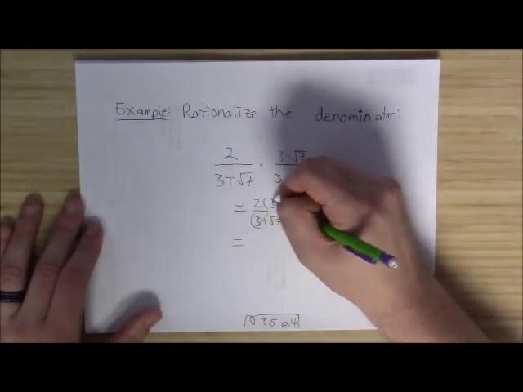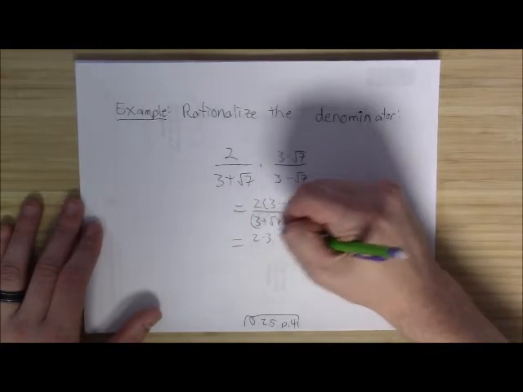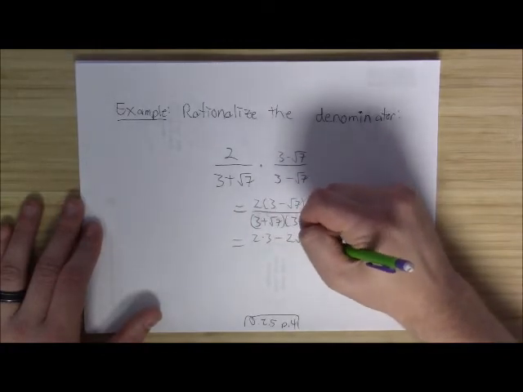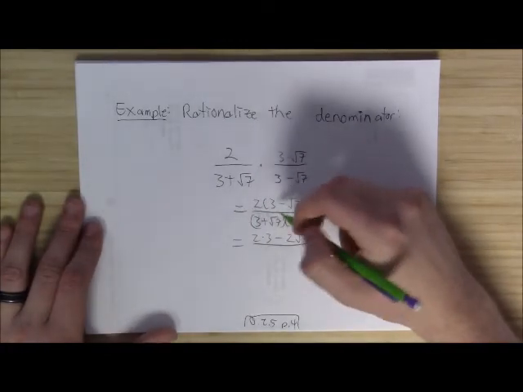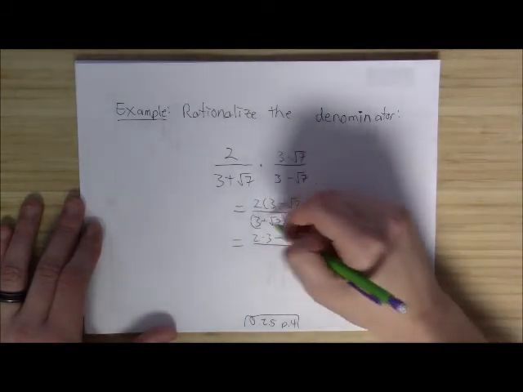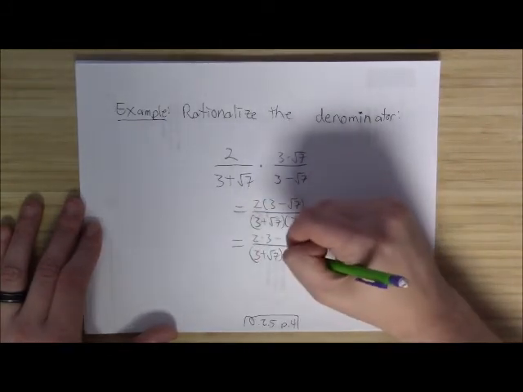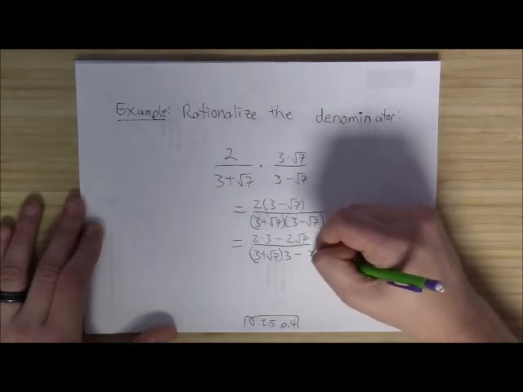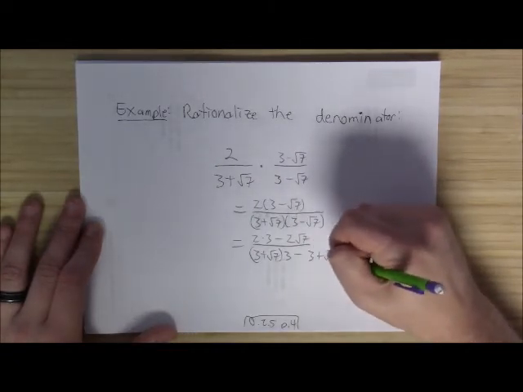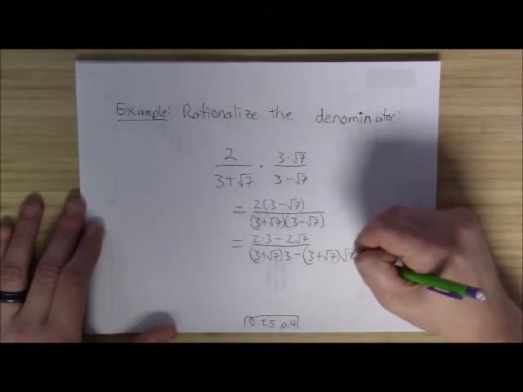Similarly, in the top, if we distribute, we end up with 2 times 3 minus 2 times square root of 7. We haven't done a lot with the distributive property, so it's worth going through now. I distribute this, so I end up with 3 plus square root of 7 times 3 minus 3 plus square root of 7 times square root of 7.